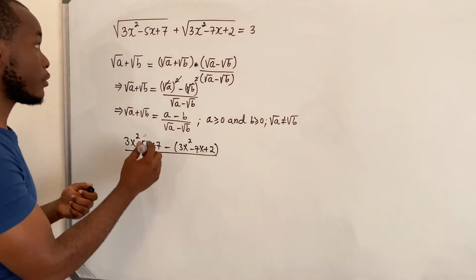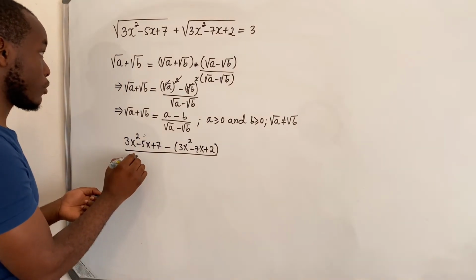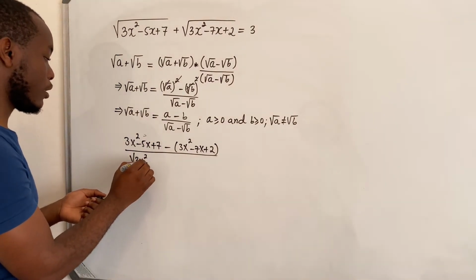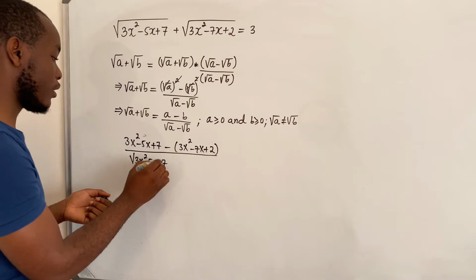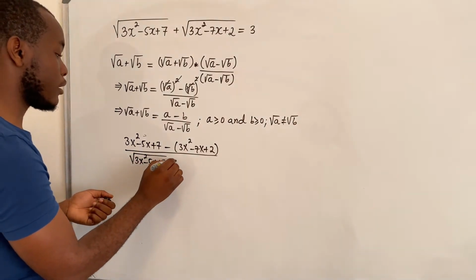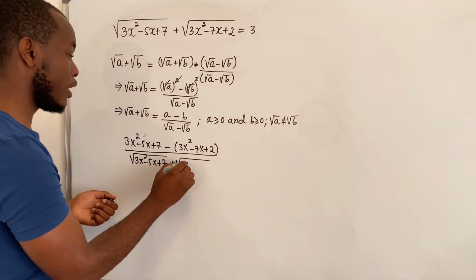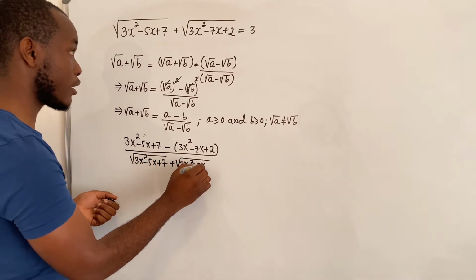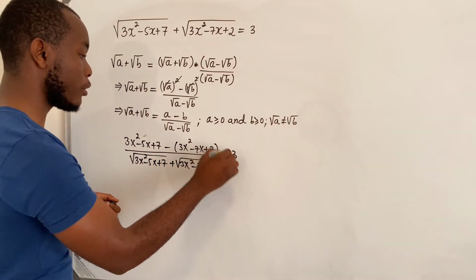So we're going to have square root of a, 3x squared minus 5x plus 7, plus square root of 3x squared minus 7x plus 2 equal to 3.